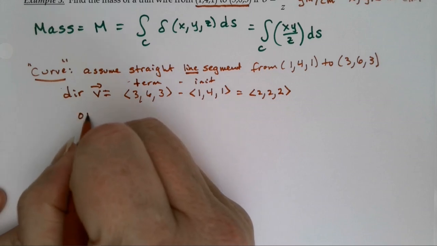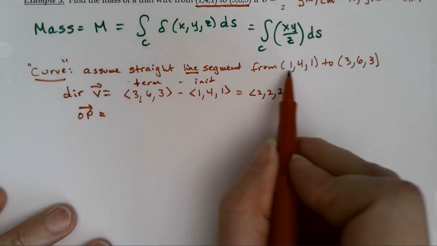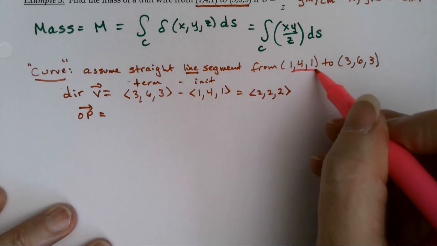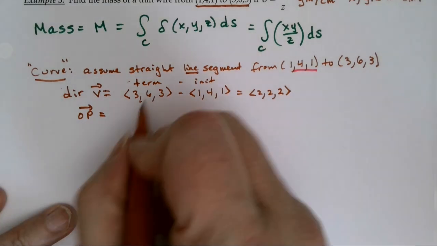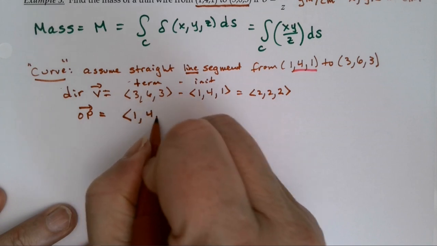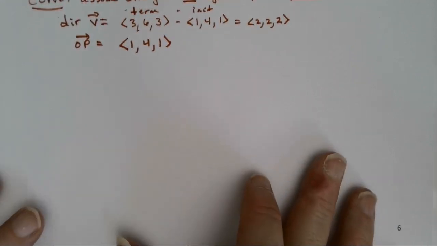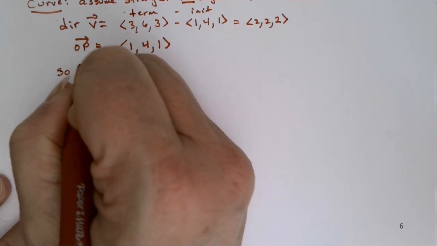All right, then I'm going to take my point P and I'm going to make it a vector. And again, the most common way is to use this point, the original point that you're coming from, you're starting. Otherwise, you have to fiddle around with it and it's more of a pain. So we're going to make it 1, 4, 1. There we go. And then we're going to put these two pieces together and make our position function.